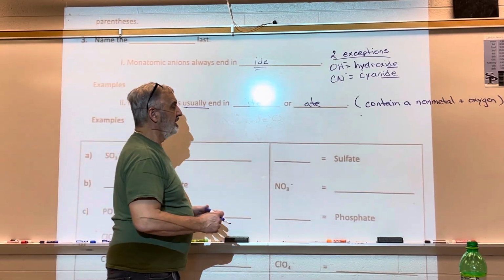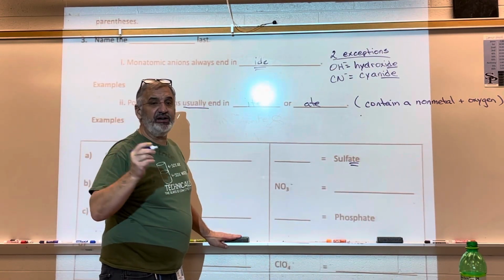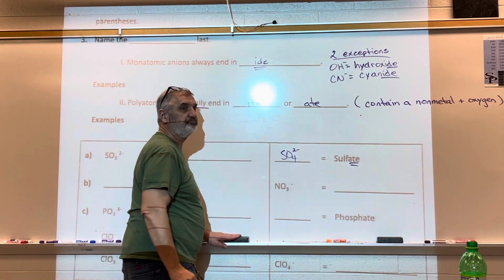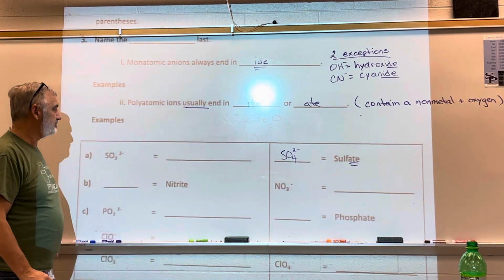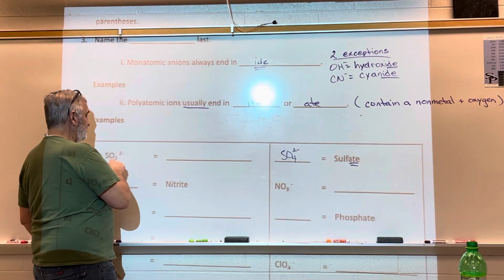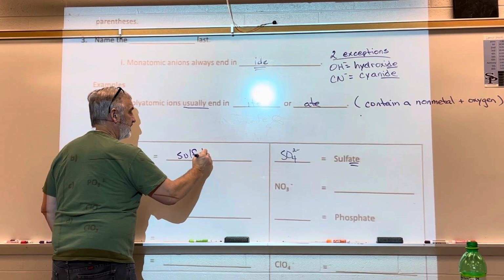When I look at the ate ending here, I go and look at the table and find that sulfate is SO4 2 minus. That means that SO3 2 minus is going to be called sulfite.